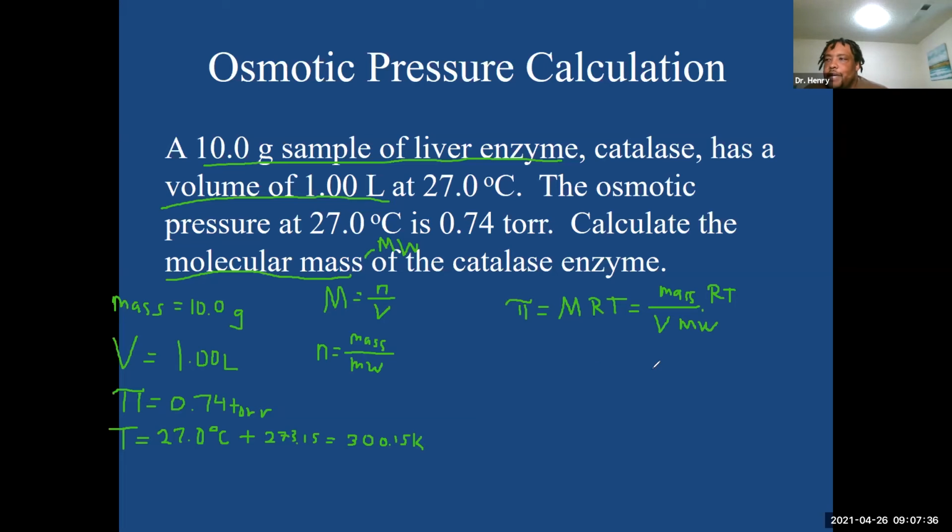You guys are just going to let me keep making that mistake. We're going to solve for MW, which is going to be mass RT over V pi.